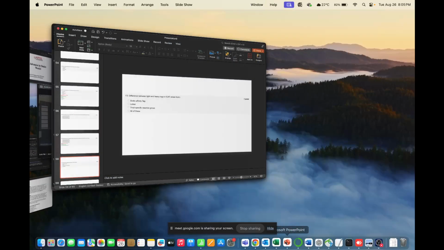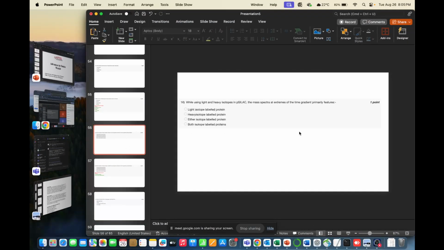No. So you're talking about this question, right? It's a time gradient. It's kind of initial and final, but it's not initial and final of the cell state. It is initial and final of the time period of the experiment. So firstly what has been sorted and lastly what has been sorted.